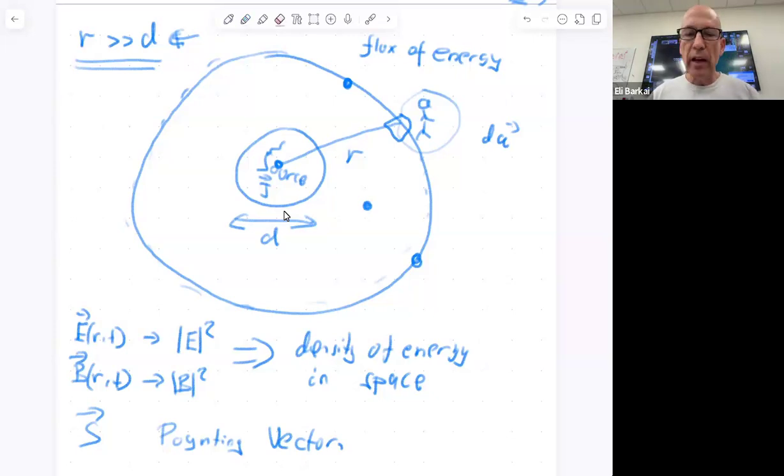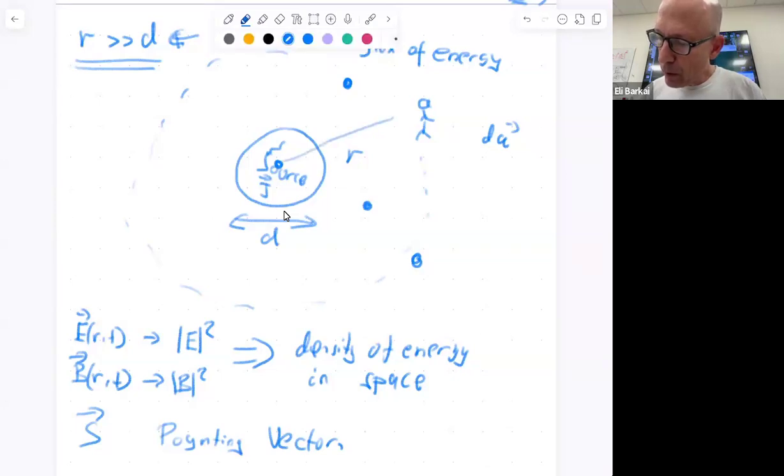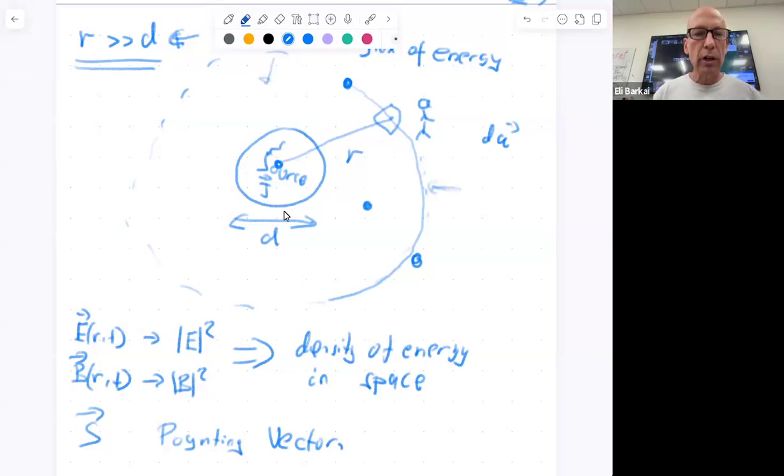Now, through this dA, there is a flux of energy. And at this point, the flux of energy might be different than in other points. So another question is, if we have this antenna, is it emitting in this direction, or is it emitting in this direction in the same way?